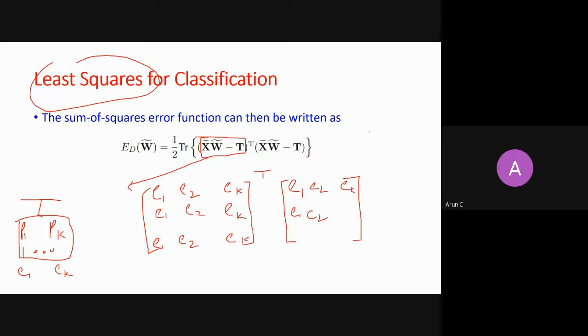What you will get is a matrix where the diagonal entries are like this: E1 square plus E2 square, E3 square plus E4 square, E5 square plus E6 square, and likewise. So when you add all these entries, you will get E1 square plus E2 square plus E3 square plus E4 square, and so on.